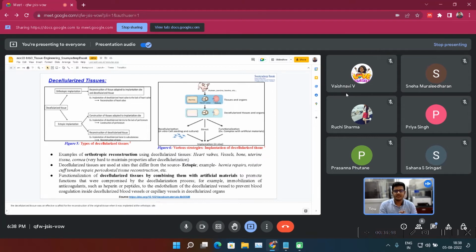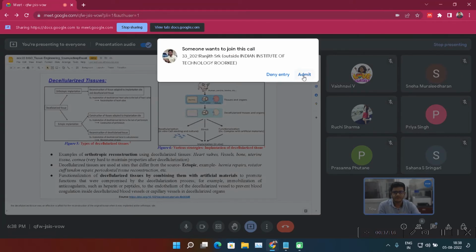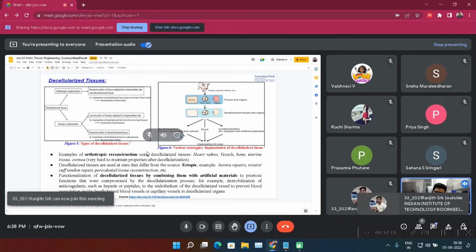We can blend it with other synthetic or natural polymers to functionalize our ECM and then use it at the site of our interest. This combination with natural or synthetic polymers and refunctionalization of the ECM is now being studied, and it is helping to regain functions that might have been lost due to the decellularization technique.